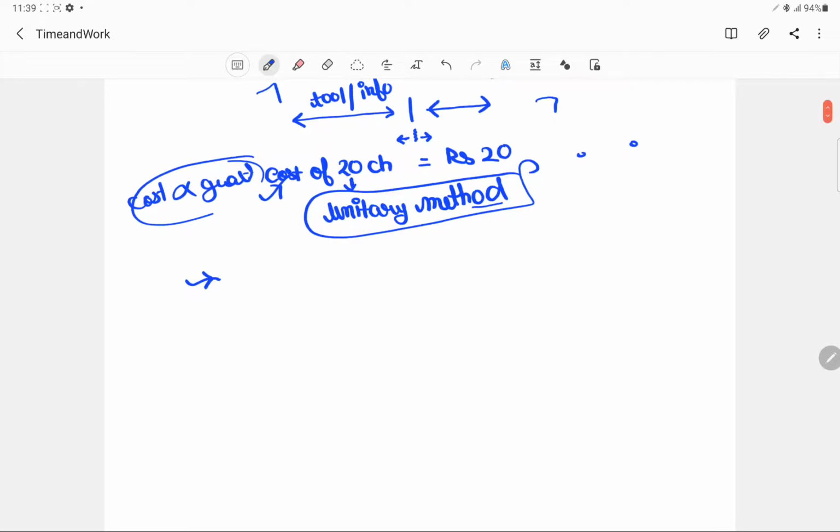A is doing some work, say one work. We generally take one complete work. So A is doing some work in 10 days, and B is doing that same work in 12 days.